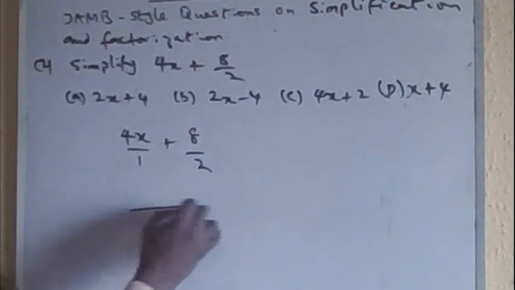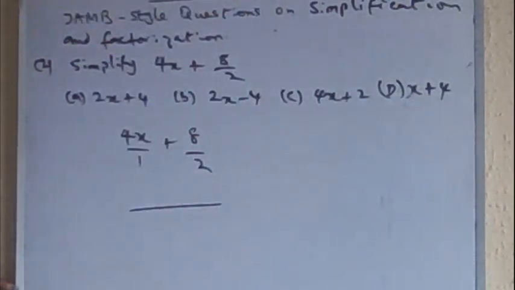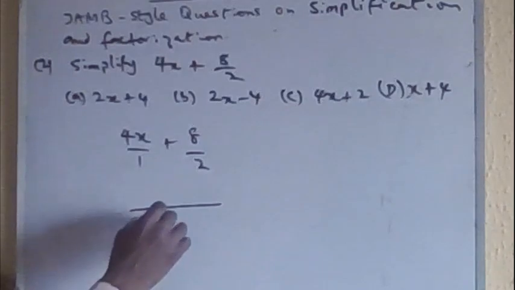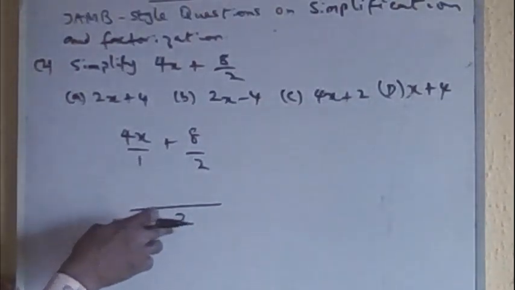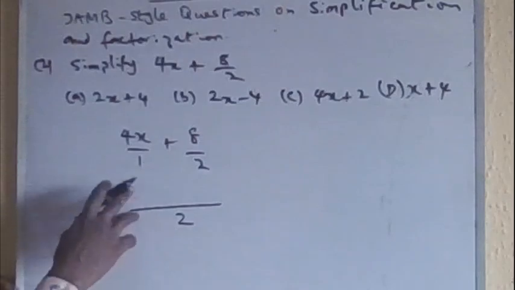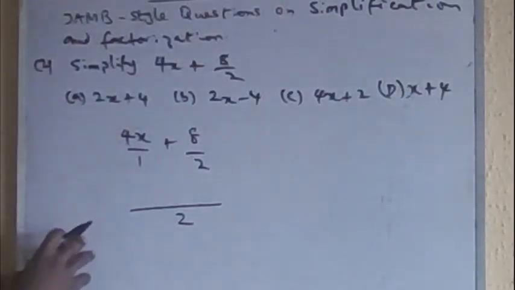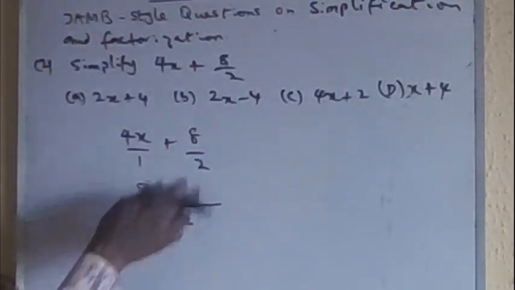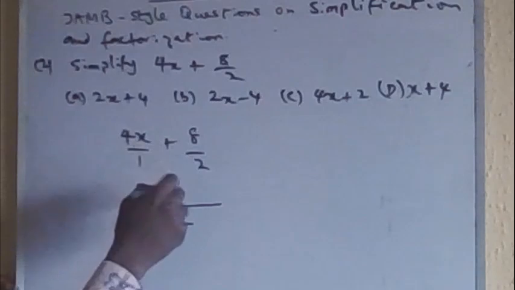Then I apply the rule for addition of fractions. I look at these two denominators. The LCM of 1 and 2 is 2. So 2 divided by 1 is 2, then 2 times 4x is 8x, plus 2 divided by 2 is 1, and 1 times 8 is 8.